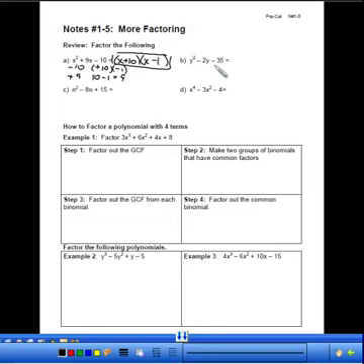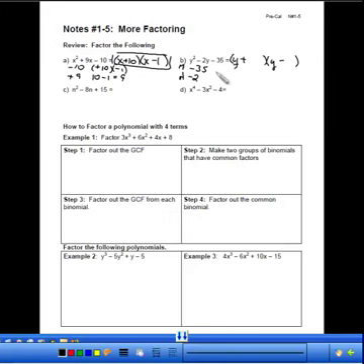Looking at the next one, same thing. Second sign is a negative. It's got a coefficient of 1. So we know that y is our first term. We're going to have y plus and y minus. Factors that multiply to be negative 35 and add to be negative 2.